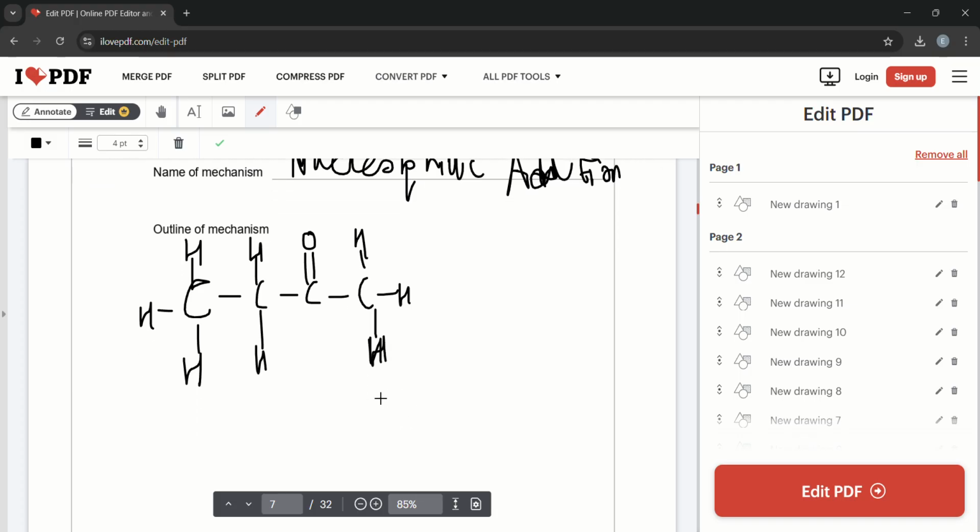Now what's going to happen to KCN? So we're going to have a lone pair of electrons, CN with negative charge, and now this carbon is partially positive, the oxygen is partially negative.